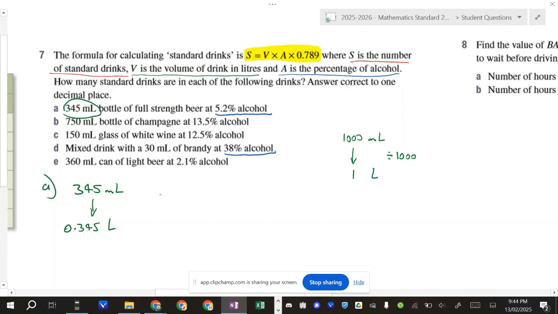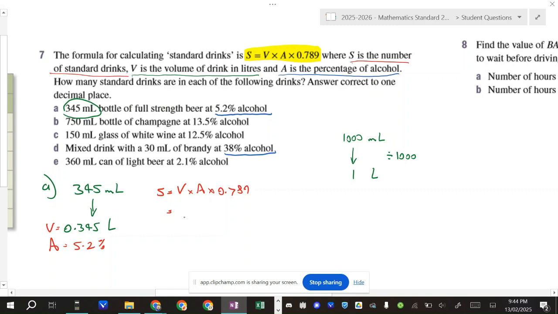So we've got S equals V times A times 0.789. We're going to substitute in there because this is our V and our A equals 5.2%.